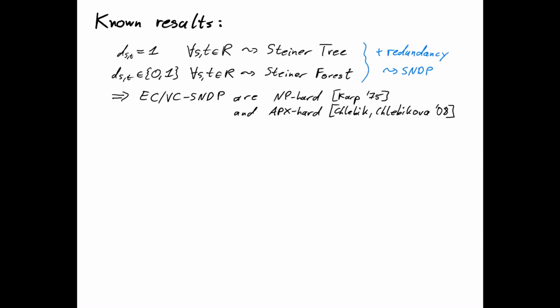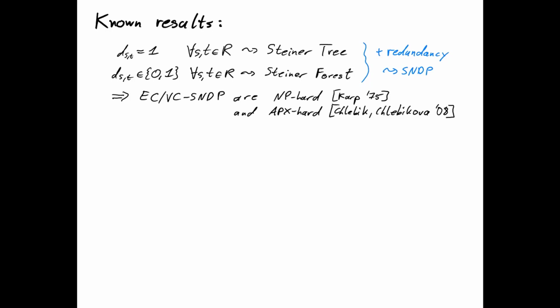We want to connect terminals, but if there are some edge or node failures, we still want them somehow to be connected. That's the idea. From this observation, we also see that these problems are NP-hard and in fact APX-hard. It just comes from known results for Steiner tree.